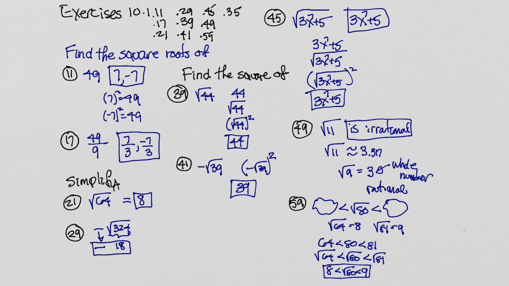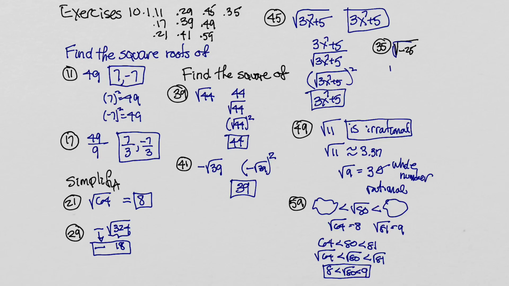And you know, I meant to do problem number 35 back here, but I just passed over it, so I'm going to do it right now. In 35, we're asked to simplify the square root of negative 25. Well, this is the square root of a negative number, and we don't take square roots of negative numbers.